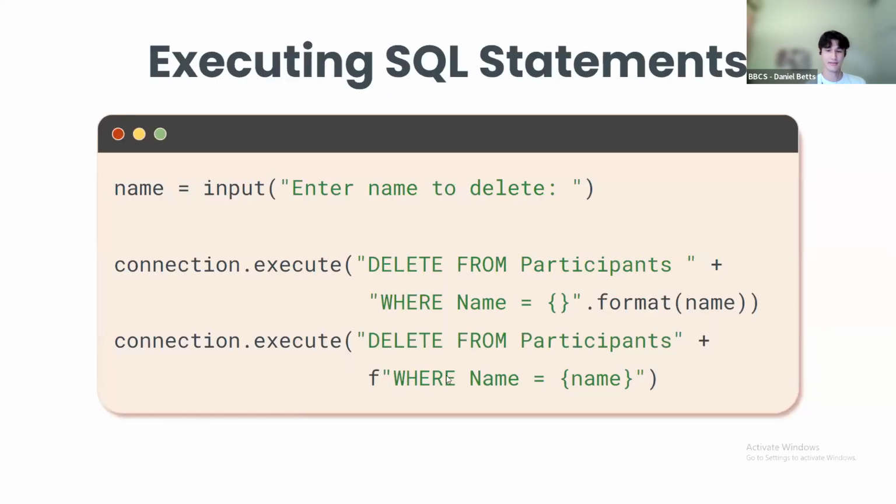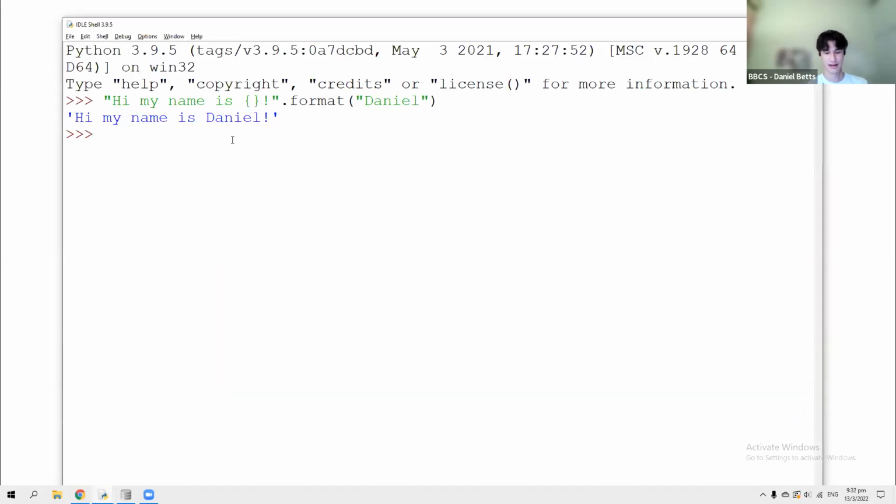On the second line, which is an F string, which is essentially the exact same thing, but instead of specifying the format, you just put the variable name inside the curly brackets itself. So we go back to my IDLE shell here. Let's just say name is Daniel.